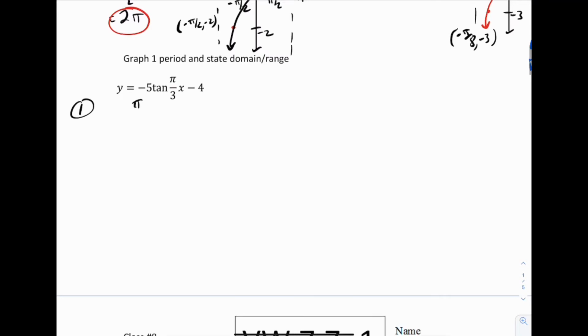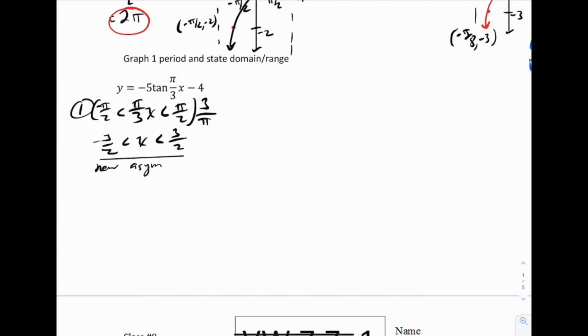So let's grab the bx term, and we're going to put it between negative pi over 2 and pi over 2. Let's multiply this by 3 over pi, and now we can see that x should be between 3 over 2 and negative 3 over 2. Okay, so right there, here are the new asymptotes.